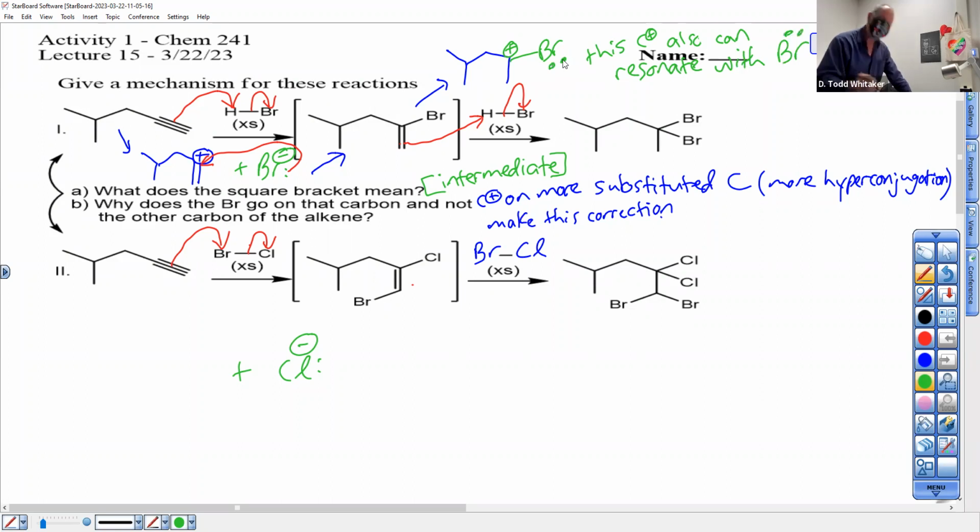I will briefly show the resonance and erase it. Here's the resonance. Look, you can fill the octet by doing that. That is much more important than hyperconjugation. Right there. So this is the real reason why the cation's there this time, as opposed to on the bottom.